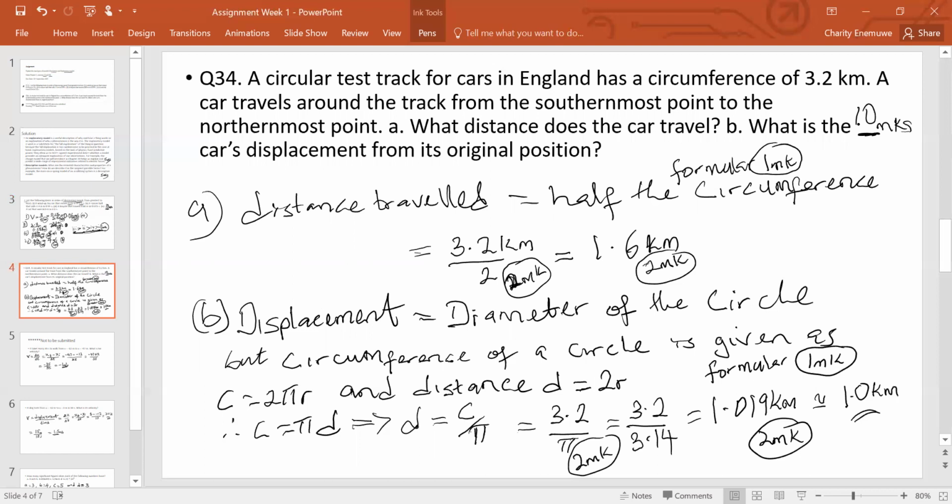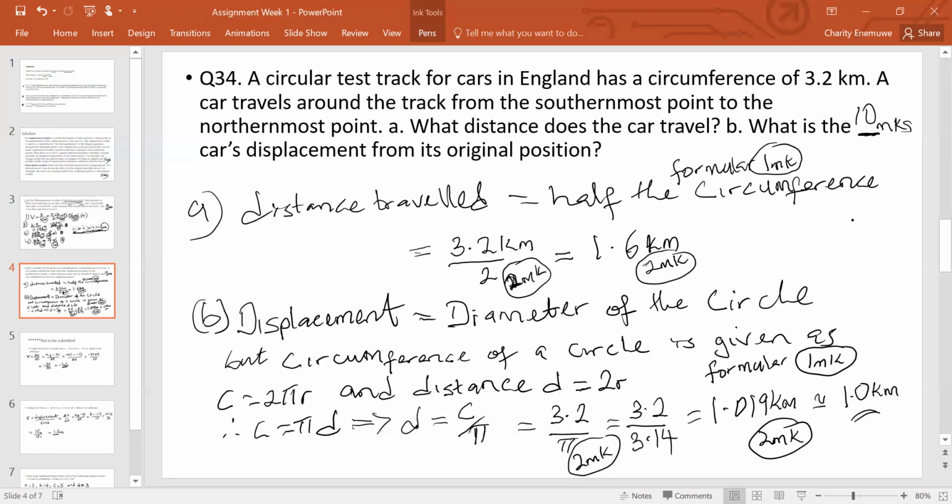A car travels around the track from the southmost point to the northmost point. The first question says, what distance does the car travel? And the second one says, what is the car's displacement from its origin?